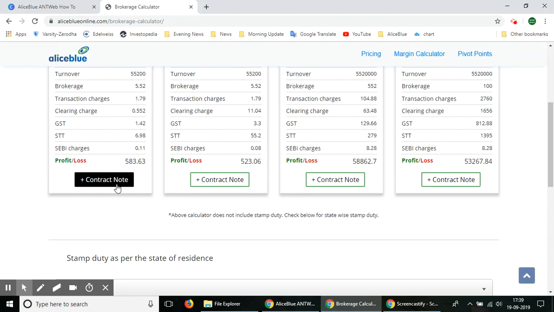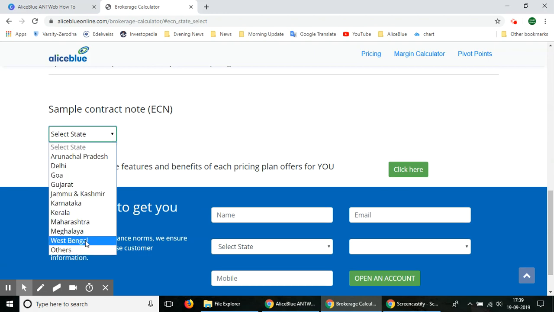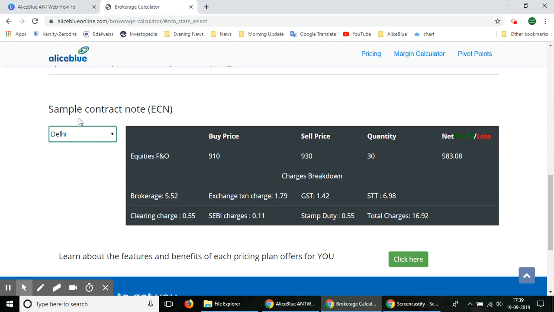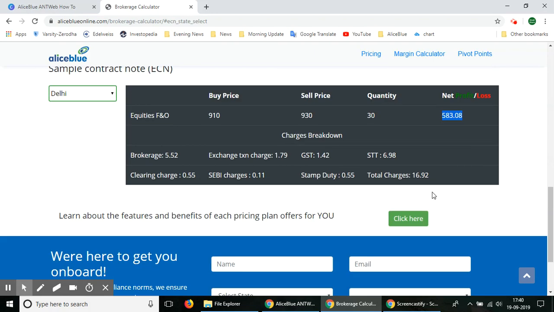So next we also have a small button here which says contract note. So once you select the contract note, you can get an idea of the sample. So let's select Delhi here. If you have a contract note, it'll also show you a charges breakdown, including the stamp duty. So here we have the buy price for that same example, the sell price and the quantity, and here we have the profit.